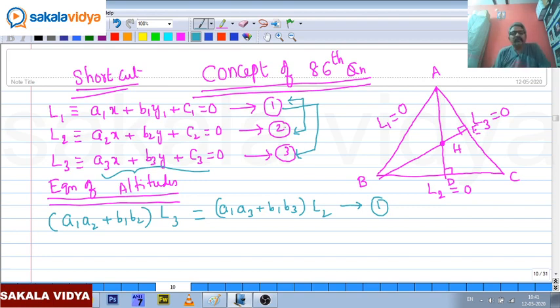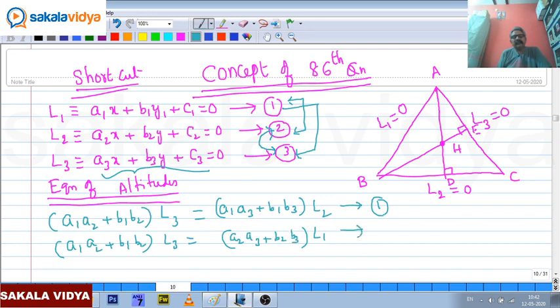Similarly, now you do one thing. Consider these two once again, A1 A2 plus B1 B2 into L3. Now here L1 write down. L1 means if you want to write L1, consider these two equations now. Here A2 A3 plus B2 B3.